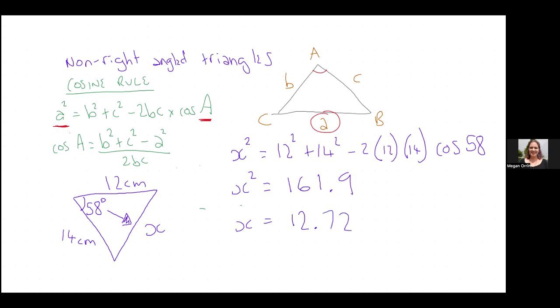Is that right? Okay, so that is our cosine rule. And again, if it's an unknown angle, you just type it all straight in. And how do you find an unknown angle? The inverse, right? Once you've done this, take the inverse of it.